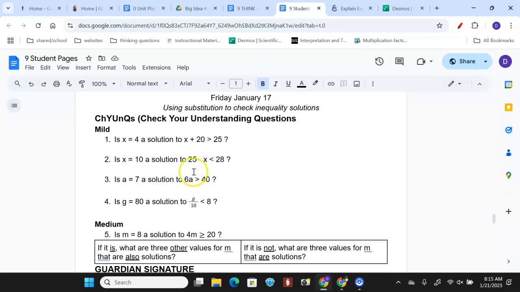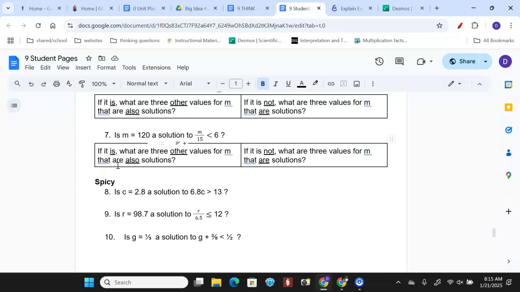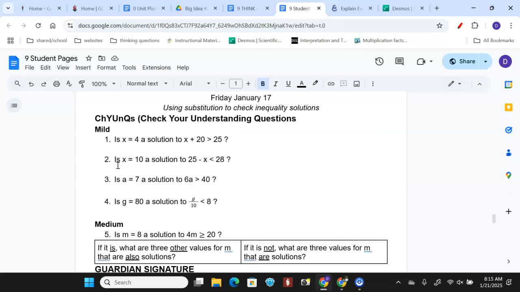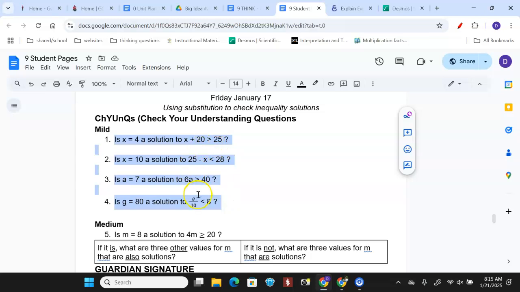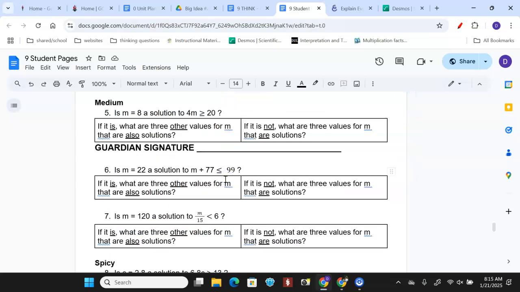If you turn your page to your check your understanding, I have 10. That sounds right. That's a more normal number. 5 doesn't look right. I've got 4 mild ones that just use the old symbol. Then we'll upgrade to 3 medium ones, where I ask you not only to check one value, but also give me 3 more. Or if it's not, give me 3 that are.